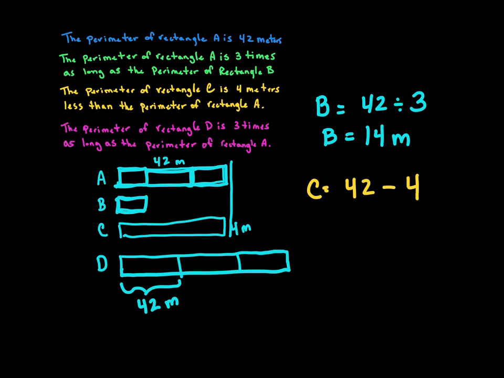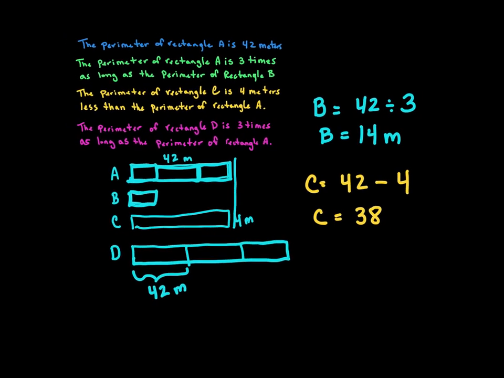And that's a formula. So now we have to solve for C. 42 minus 4 is 38. So rectangle C is 38 meters.